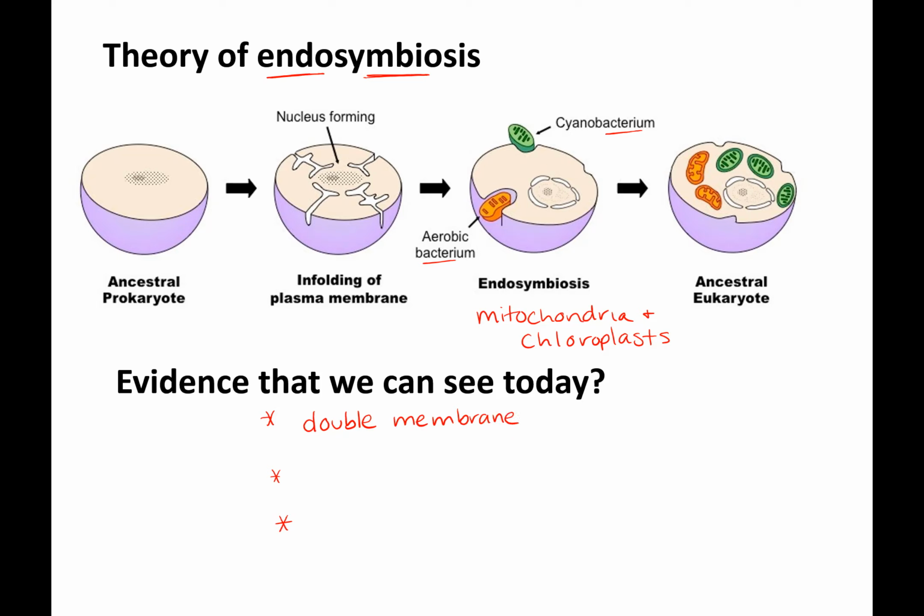Our other organelles don't. Lysosomes, Golgi, things like that. So we think that that's because as our eukaryotic cell engulfed it, it created this second membrane. Mitochondria and chloroplasts both have circular DNA, which is very similar to the DNA of prokaryotic cells.